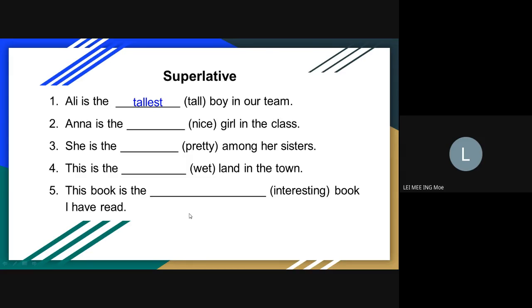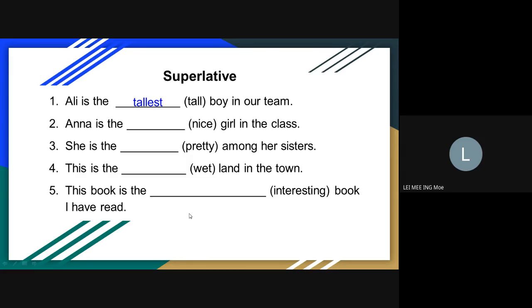All right, good. Question number 2. Anna is the girl in the class. The given word here is nice. What is the superlative form for nice? Can you please type down your answer? 5, 4, 3, 2, and 1.